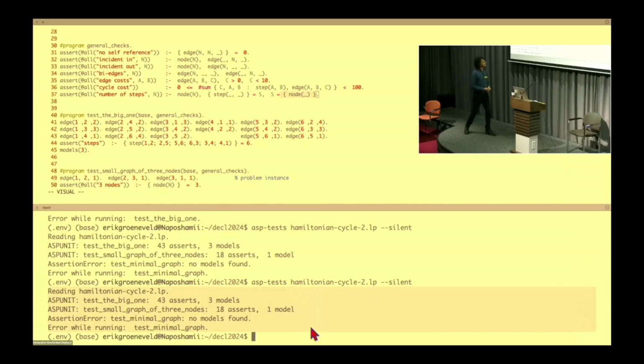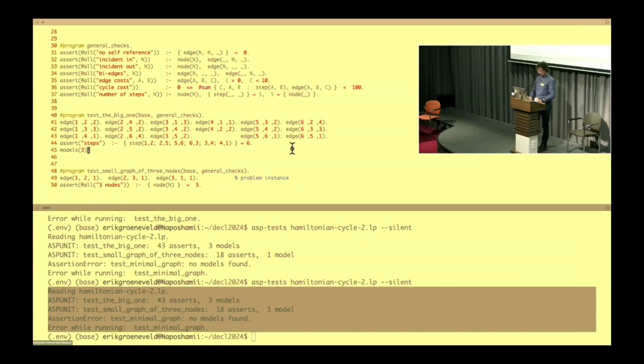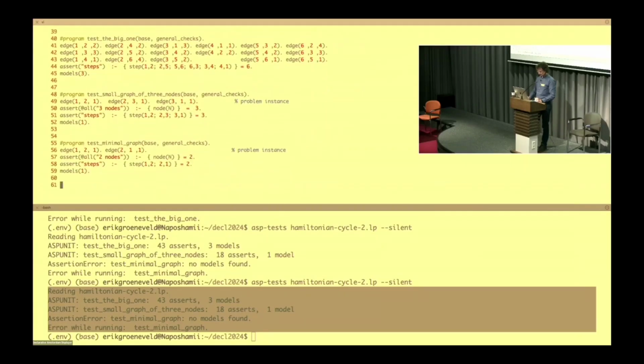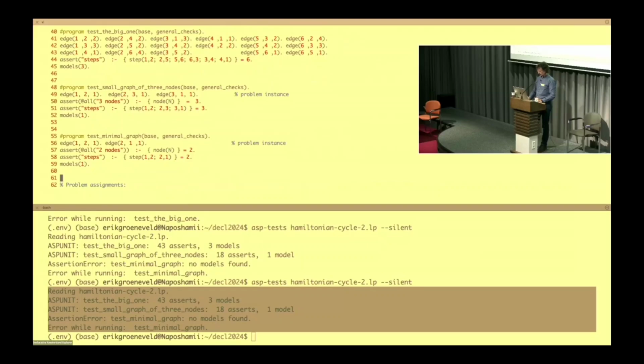And then it says test minimal graph has no models found. So go to the test. And this is actually one remaining test. No models found is the reason why I mention the number of models here.